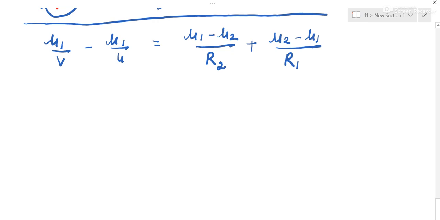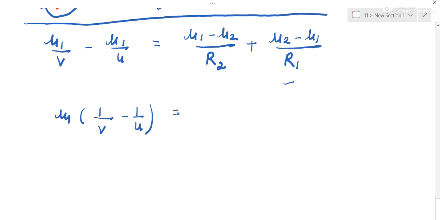So now we can take mu1 common, it is 1 by v minus 1 by u.